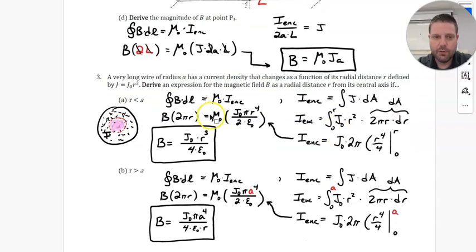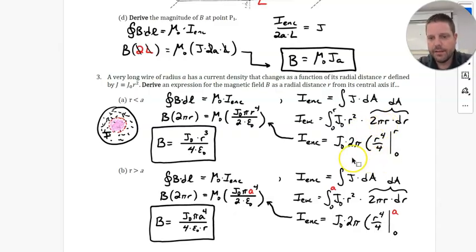It should be noted that if we are going to try and derive an expression for a B field and we're given a current density, we can write that whole integral out, integrating the current density with respect to area. So we have our J naught r squared, and dA we have to use as a circle of circumference 2 pi r with thickness dr. We're creating a little ring with a thickness dr, and then we're integrating those rings as you move out with the radius.